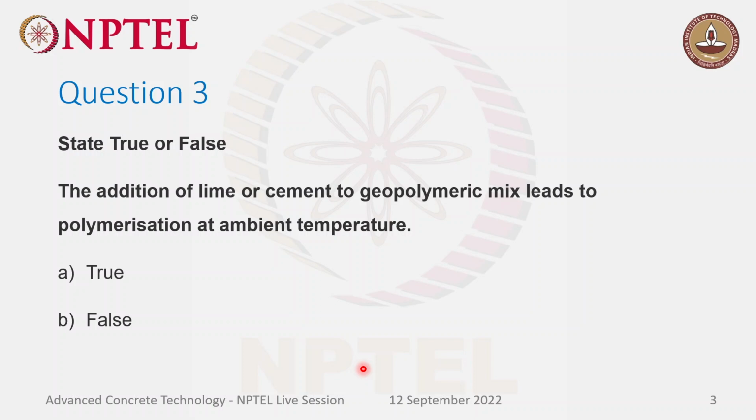To prepare a geopolymeric concrete, we generally need high temperature for the reaction to happen, but they are saying that once we add lime, which can mean calcium oxide or hydrated lime, calcium hydroxide, or cement to a geopolymeric mix, it leads to polymerization at ambient temperature, which means we can formulate the binder even at room temperature.